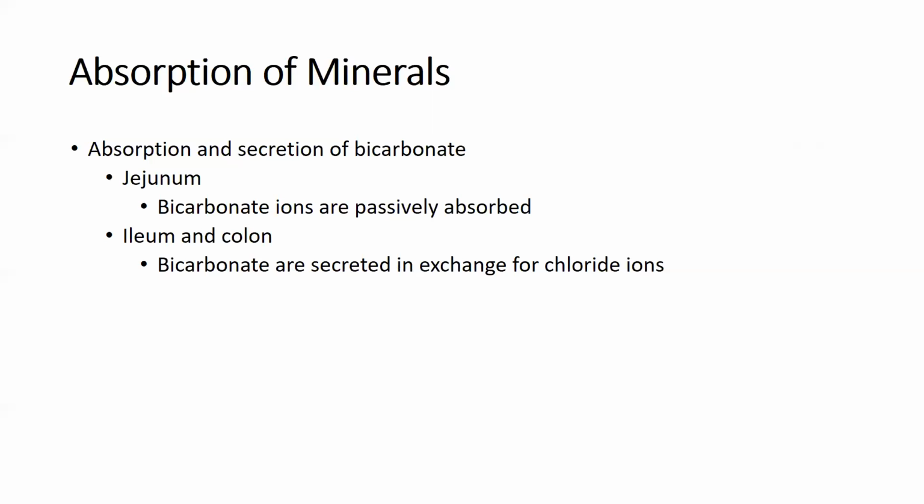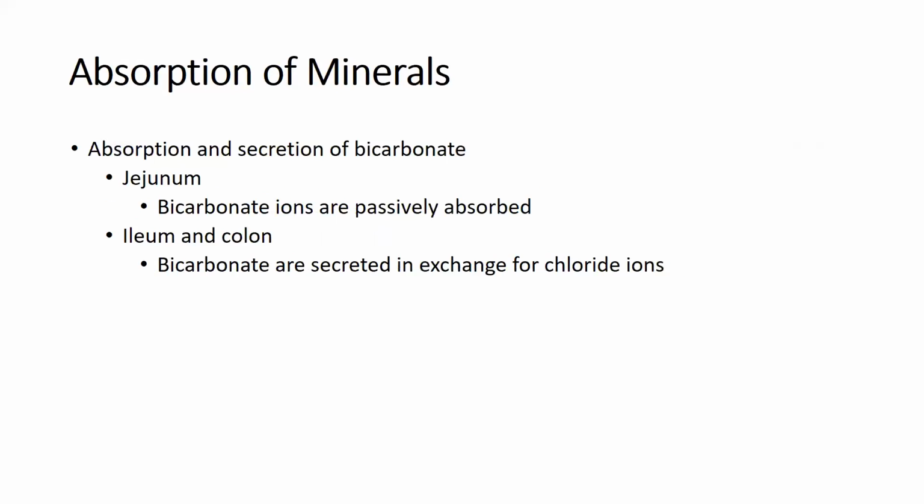Moving on to absorption of bicarbonate. This happens specifically in the jejunum, the second part of the small intestine. These bicarbonate ions are passively absorbed, meaning they don't require any energy, any ATP. In the ileum and the colon, we see bicarbonate being absorbed in exchange for chloride ions. So in the jejunum, they move freely; in the ileum and the colon, they're exchanged for chloride.